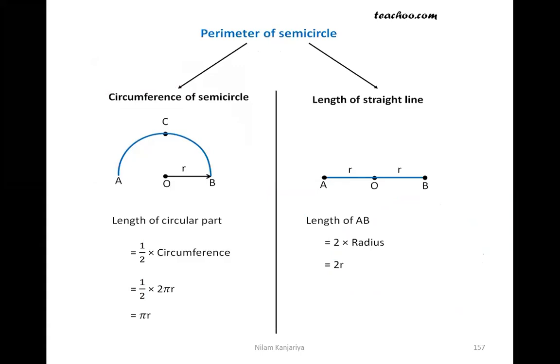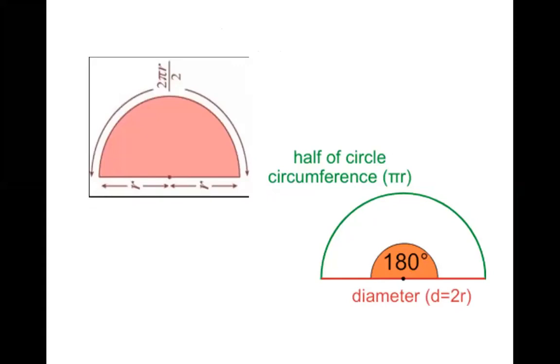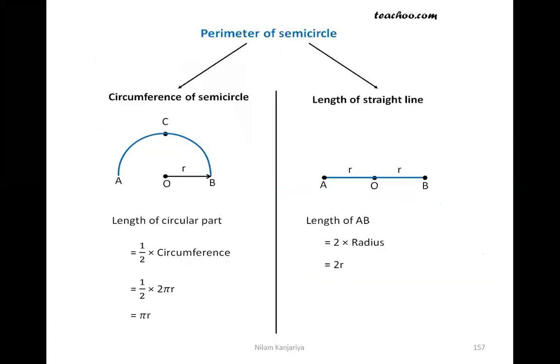But to find the perimeter, this is the phenomenon to find the circumference or the perimeter. Circumference means when you start at one point and again reach the same point.